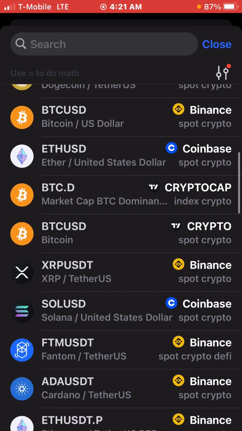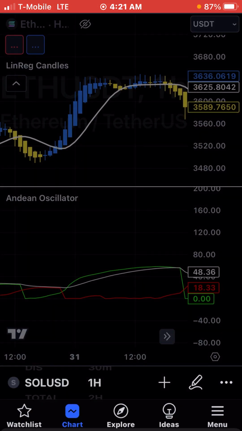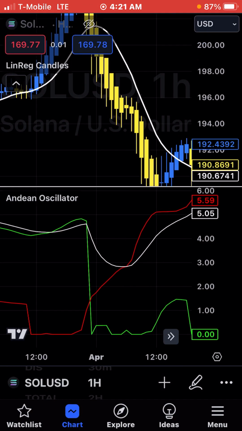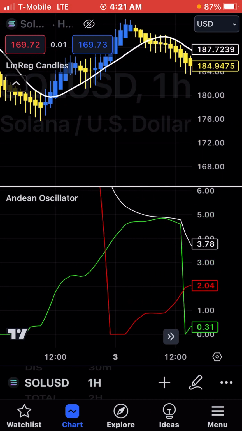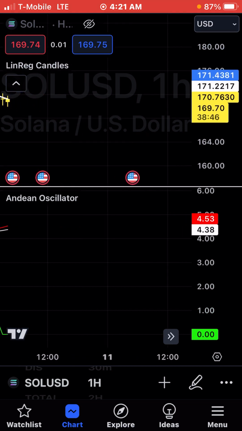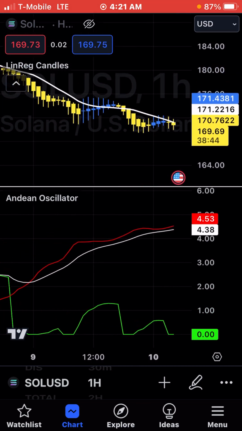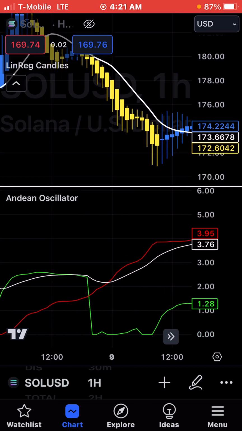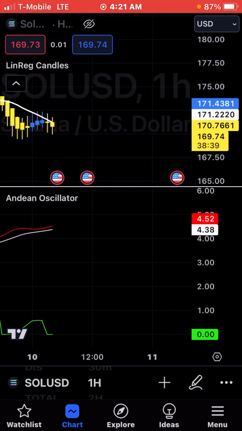Let's look at Solana. Solana pretty much has some good volume. And you could probably trade Solana in Forex too, so just keep that in mind. You just got to look around. So anyway, this works the same way.